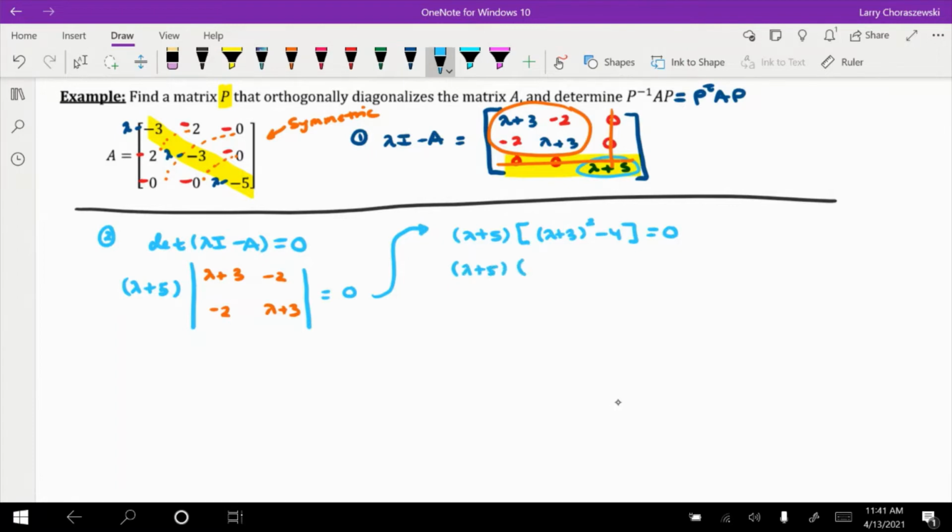Now, when you simplify lambda plus 3 quantity squared minus 4, you get a quadratic. It looks like lambda squared plus 6 lambda plus 5. And that quadratic you're going to want to factor, and it factors as lambda plus 5 times lambda plus 1.